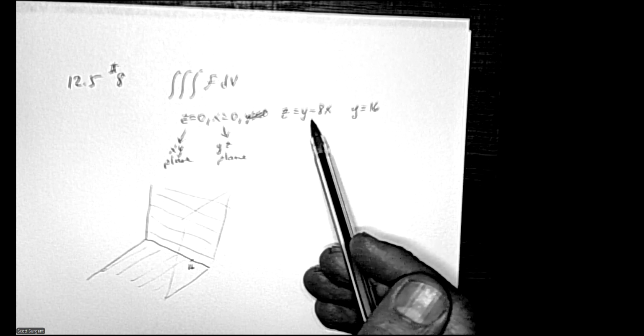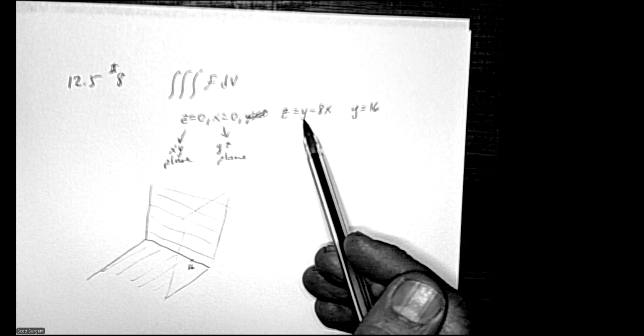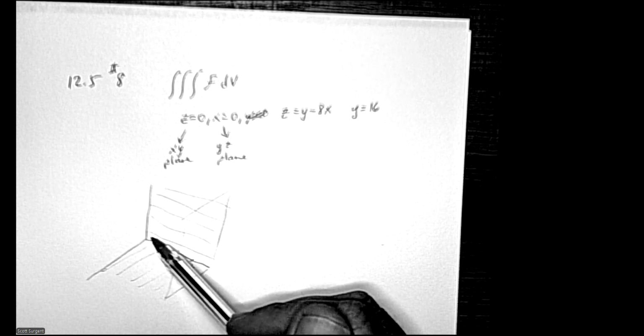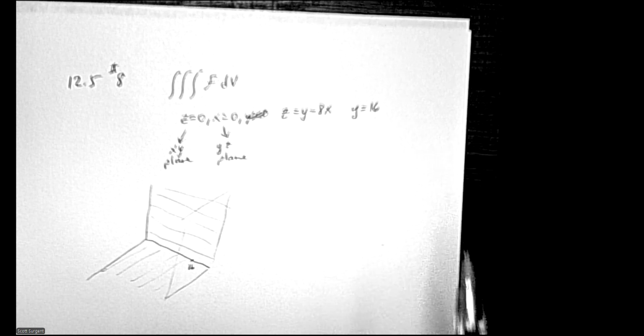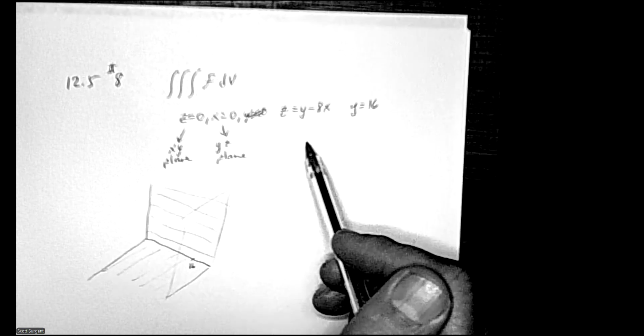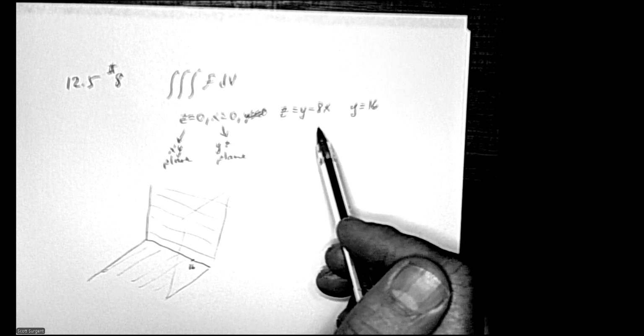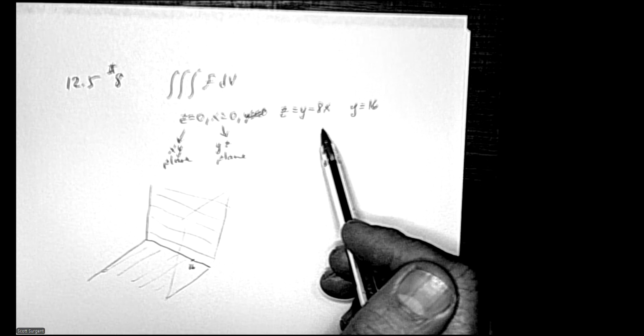Let's try some intercepts. When y is 0, x is going to be, wait, they'll all be zero. Let me try to get a couple of points here.